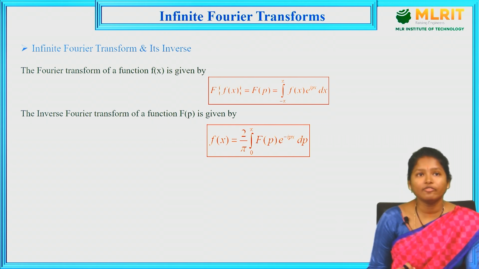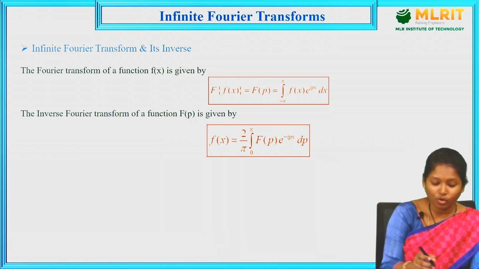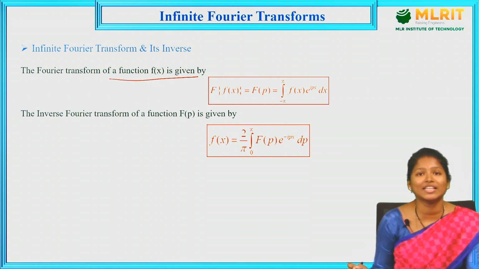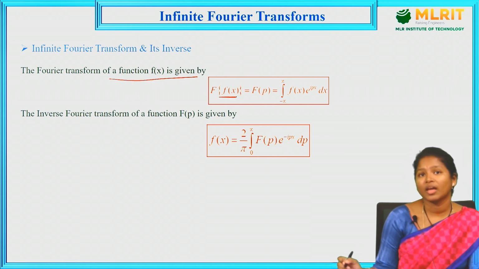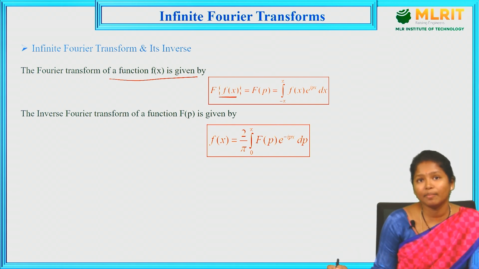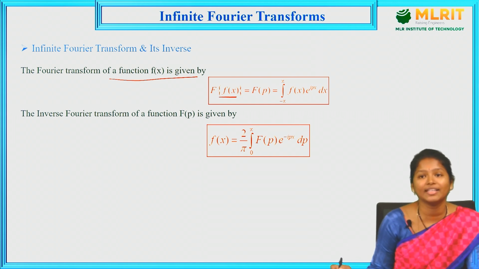So this is the formula for the infinite Fourier transform and its inverse. The Fourier transform of a function f of x is given by F of p equal to the integral from minus infinity to infinity of f of x e power ipx dx.